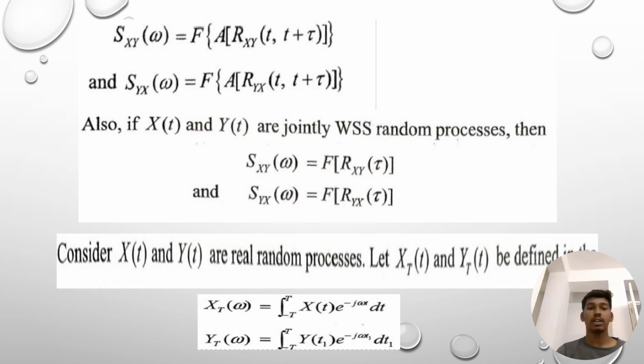Consider x of t and y of t as two random processes. Let XT of omega be defined as the integral from minus infinity to infinity of x of t e power minus j omega t dt. It is similar to the Fourier series. If we apply the Fourier transform to this random process, we get XT of omega in terms of frequency.